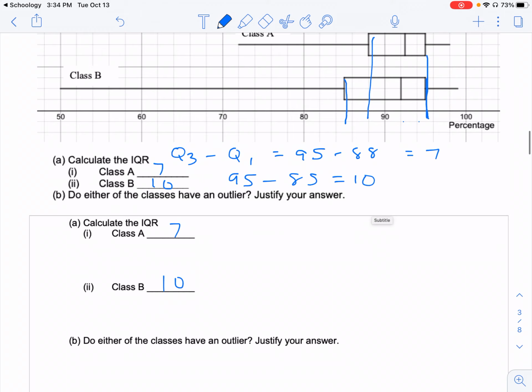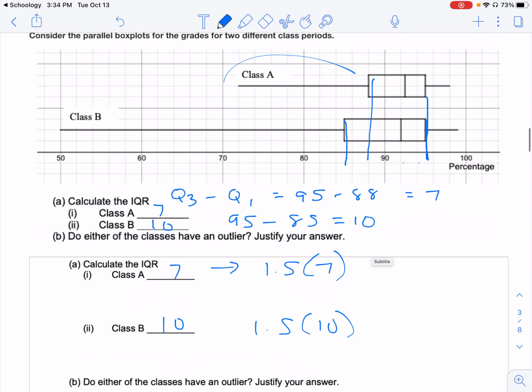Do either of these classes have an outlier? So what you need to do is take 1.5 times IQR, and you want to see if there are any values smaller than Q1.